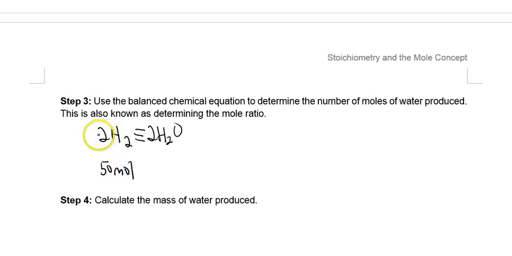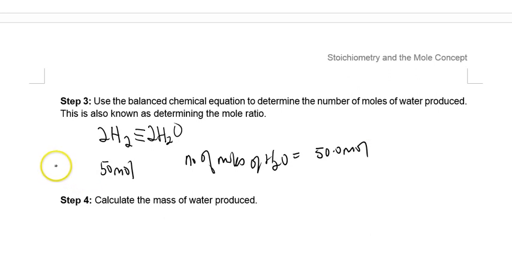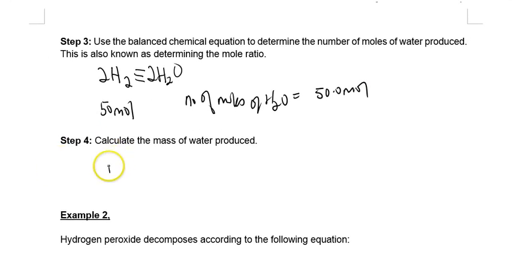So if I have 2 moles of this reacting to give me 2 moles of this, it means that if I have 50 moles of H2 reacting, the number of moles of water which will be formed would also be 50 moles. So number of moles of water formed is also equal to 50 moles. So with this, the mass is easily calculated. The mass is simply number of moles multiplied by the molar mass, and we will have 900 grams.